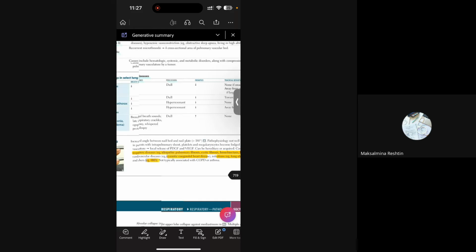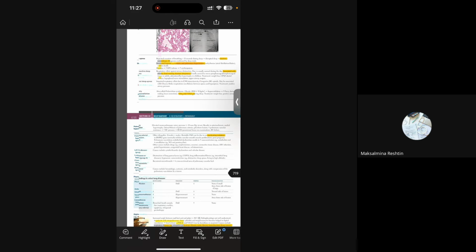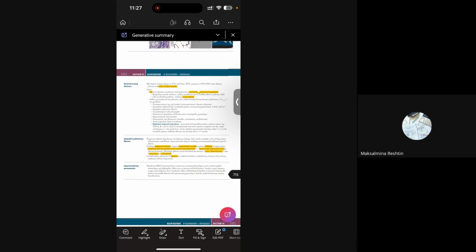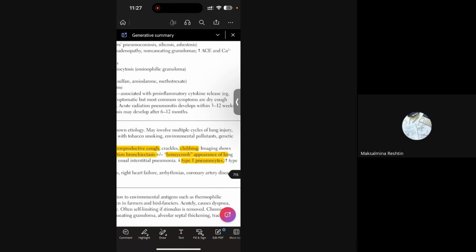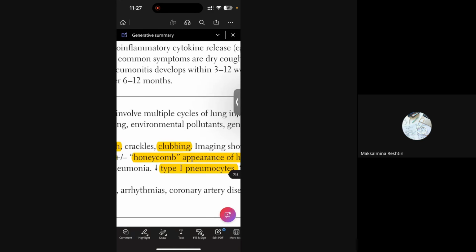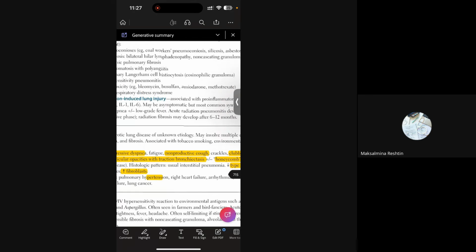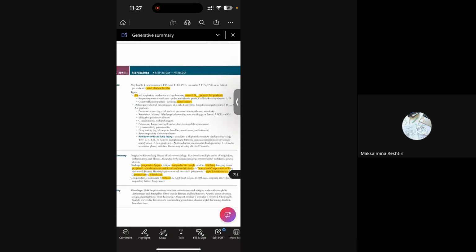Now let's see what is written in idiopathic pulmonary fibrosis: peripheral reticular with traction, honeycomb appearance. There is clubbing as well, non-productive cough, progressive dyspnea, associated with multiple cycles of fibrotic lung disease, inflammation.